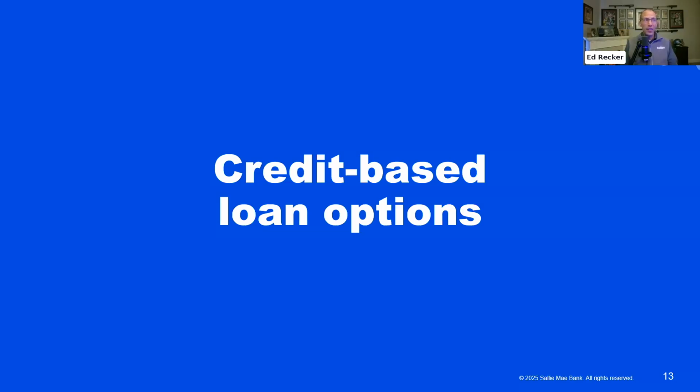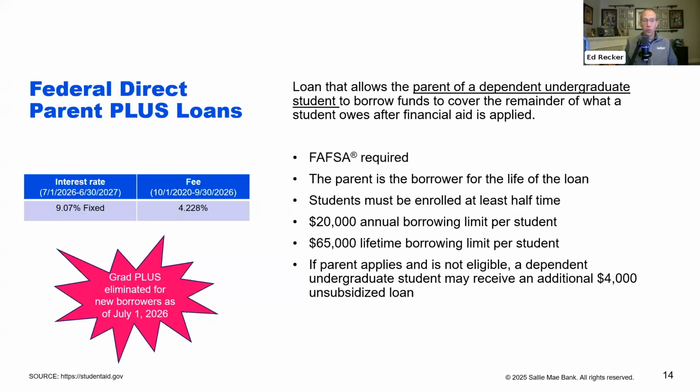So now that we've hit on those standard loan programs, we're going to dig into some of the credit-based loan options. And the first one is the Federal Direct Parent Plus loan. Now, you'll notice the big bright starburst there, that Grad Plus loans are going away as of July 1st. I put it in there in large part because it's a plus loan.